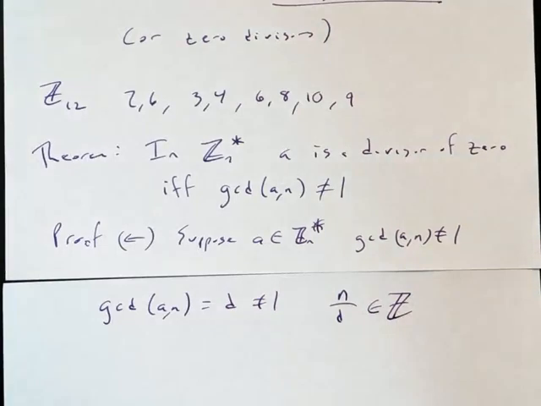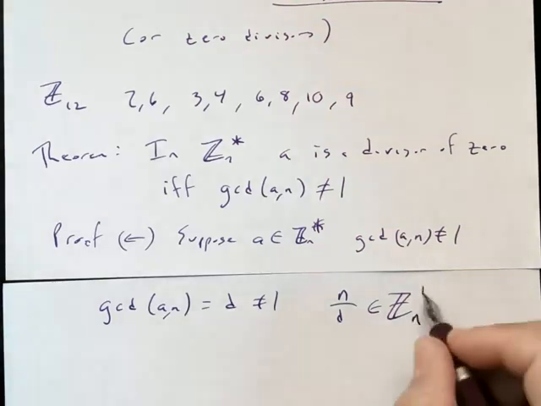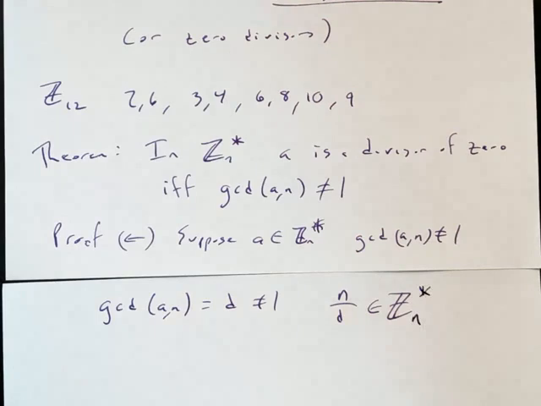But wait, there's more. Not only is it an integer, it's strictly smaller than N, because we're dividing by something that's bigger than 1. Which means that's in Zn, not just Z. That's an integer smaller than N, and it's not 0. I don't know what it is, but it's some number in there, right? Oh, well then wait a minute.